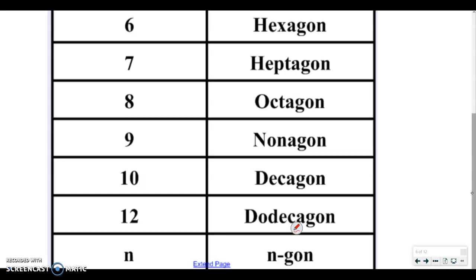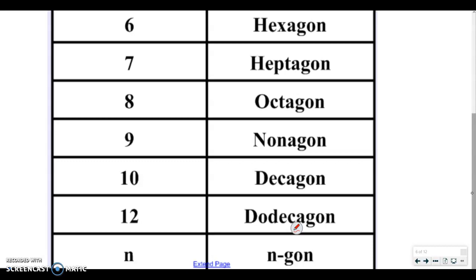And any other number, say an 11-sided figure, you would call that an 11-gon. So fill in whatever number for n and just add in gon at the end of it. They probably have a name, but for our purposes, anything that's not 3, 4, 5, 6, 7, 8, 9, 10, or 12, just write in the number and put gon at the end of it.